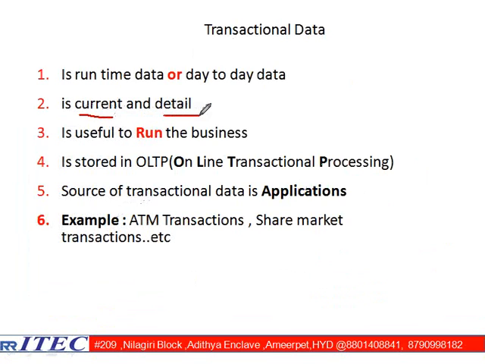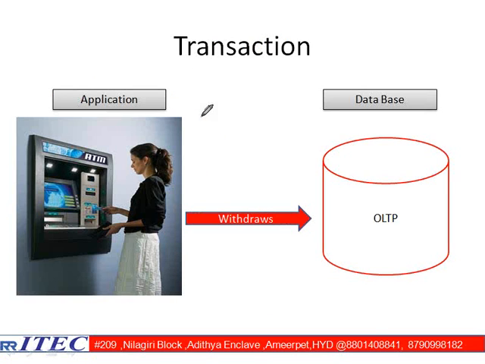Next is detailed data. What do you mean by detail? Whenever she is inserting her ATM card, my ATM machine is going to read, based on the ATM card barcode, what the customer number is, what the customer name is, how much balance she has, and what she is typing on the screen.